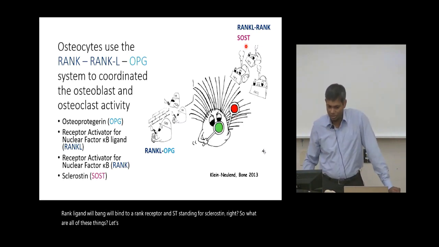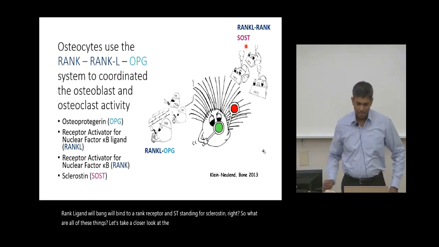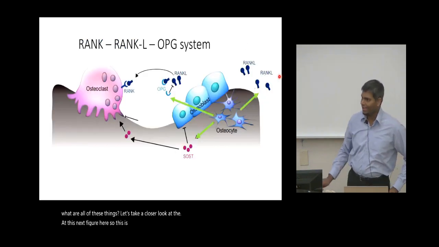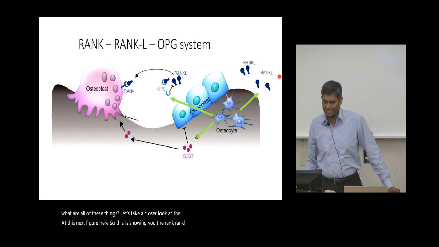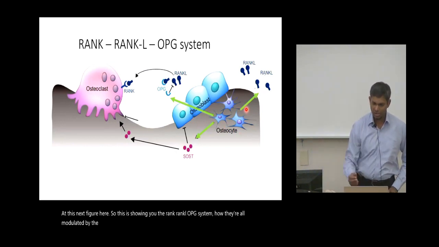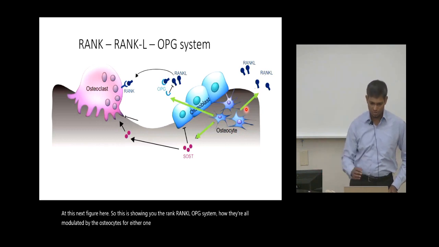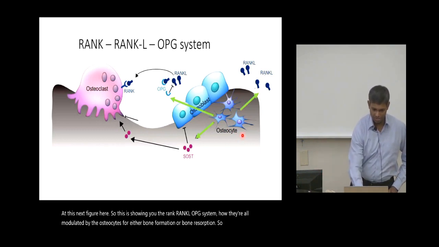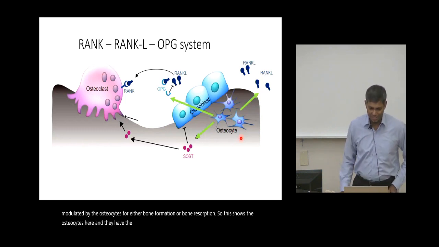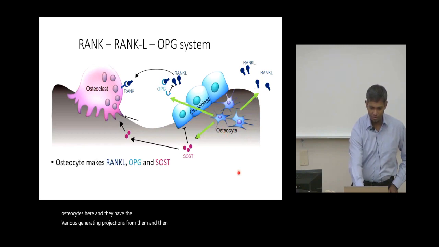Let's take a closer look at this next figure here. This is showing you the RANKL, OPG system, how they're all modulated by the osteocytes for either bone formation or bone resorption. So this shows the osteocytes here, and they have various dendritic projections from them, and they are the ones which will produce all these three.